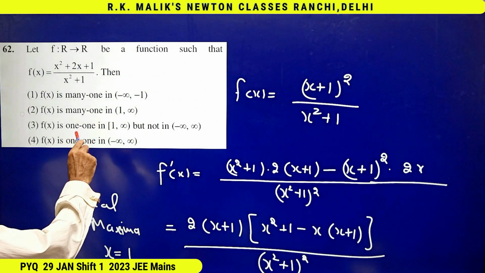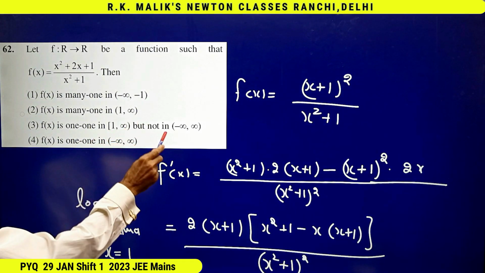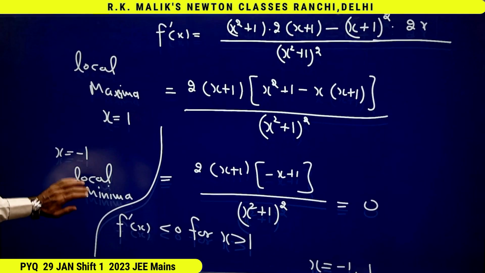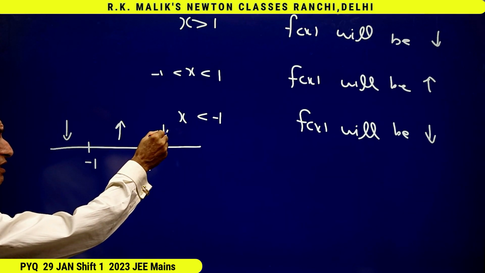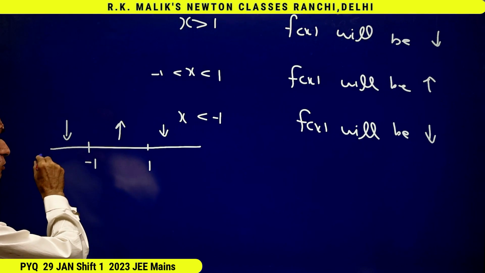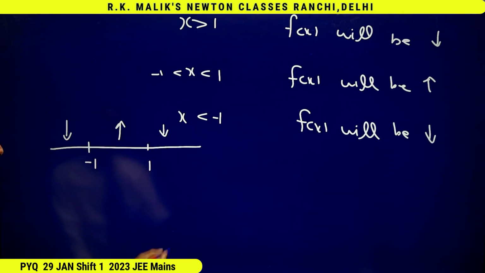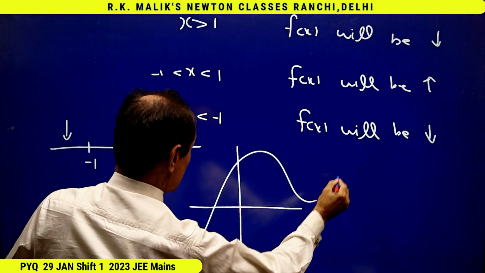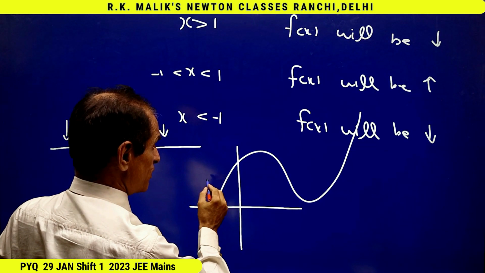Third choice, f(x) is one-one in the interval 1 to infinity, but not in the interval minus infinity to infinity. Yes, it is correct, because for x more than 1, it is sure to be decreasing, therefore one-one. But in the interval minus infinity to infinity, it is sometimes decreasing, sometimes increasing, hence the function cannot be one-one.